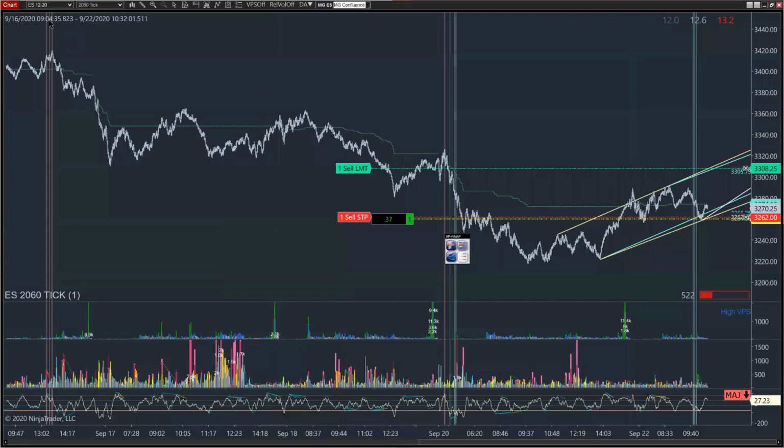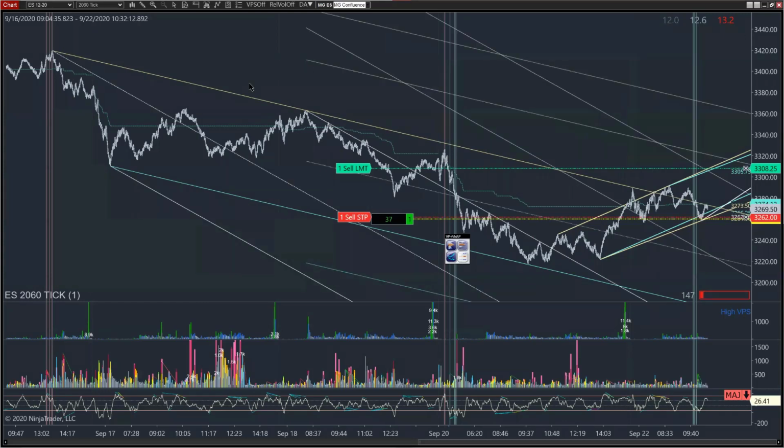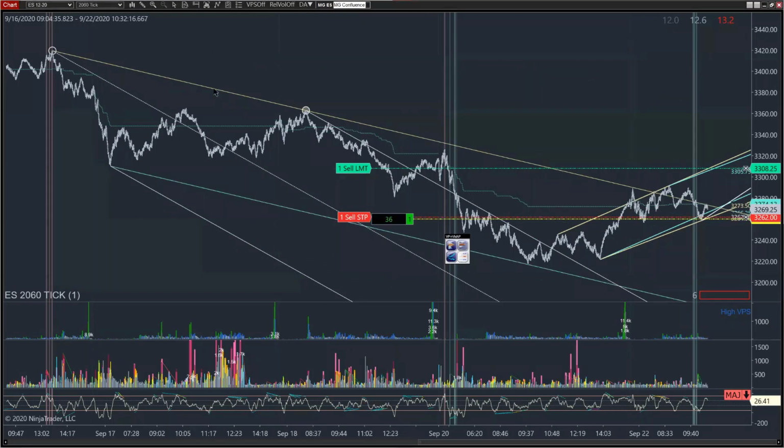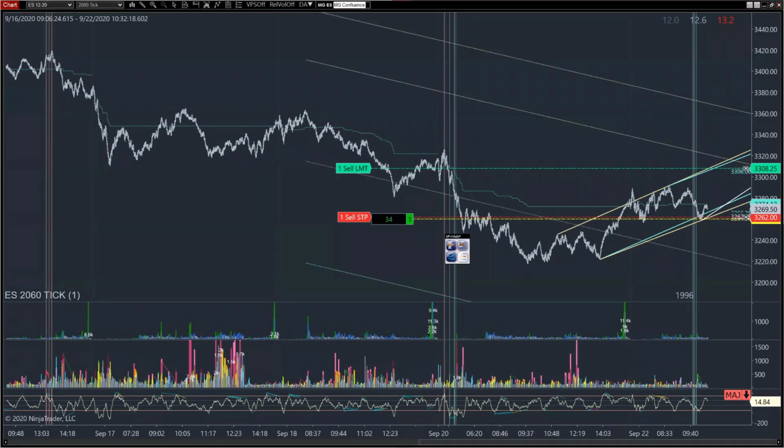Uh-oh. Man, quite interesting, this tick chart today. Uh-oh.